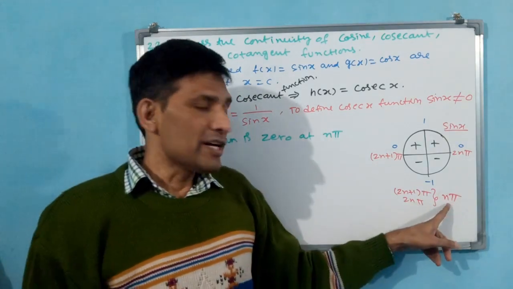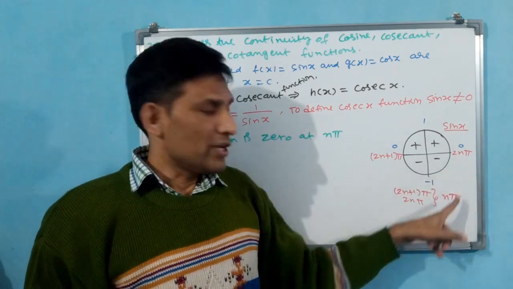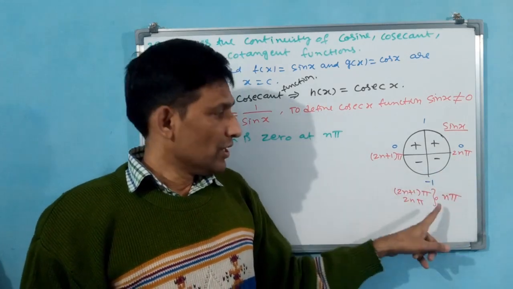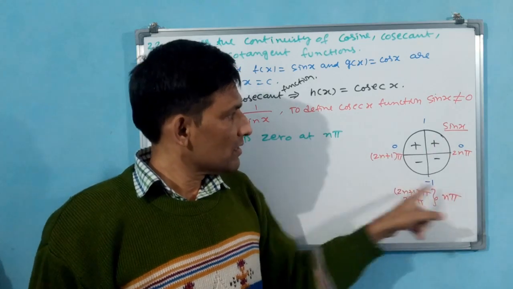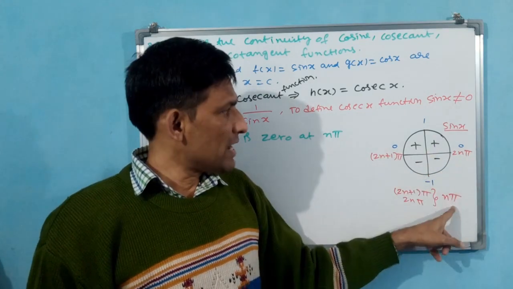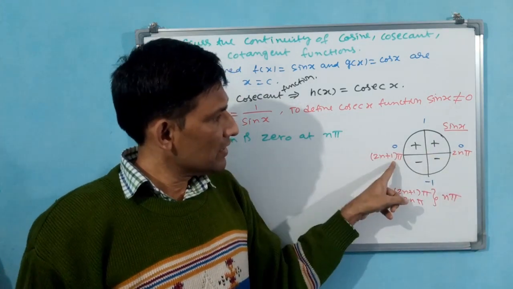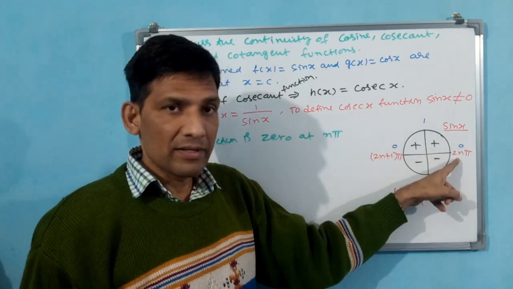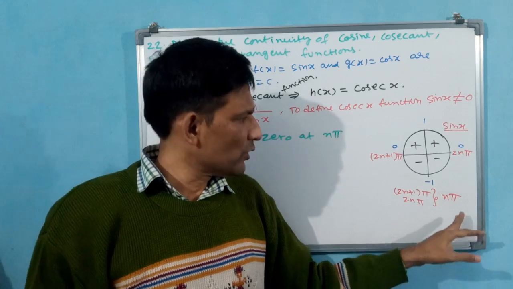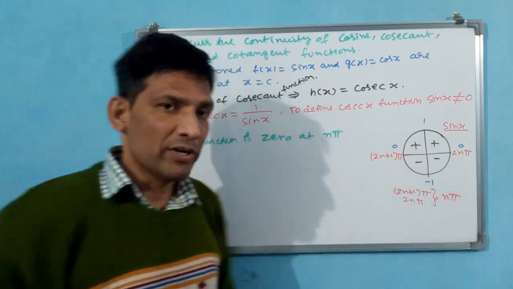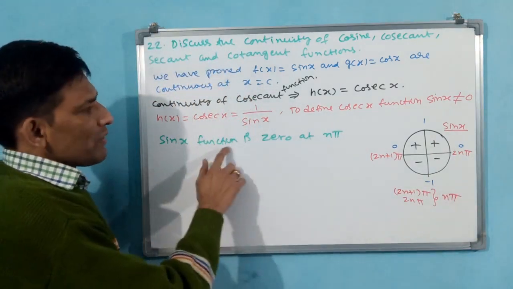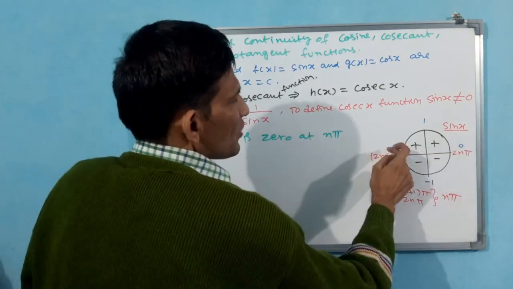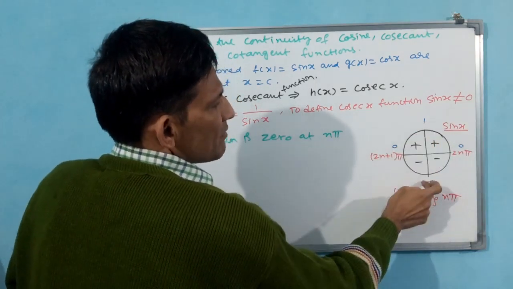Because n is 0 means 0 here, n is 1 means 1 pi here, n is 2 means 2 pi here. N is minus 1 means in this direction, minus 2 pi here. Anything you can give, both will come n pi only. That means sin x function is 0 at n pi, because in these two areas it is 0. Here it is 1, here it is minus 1.